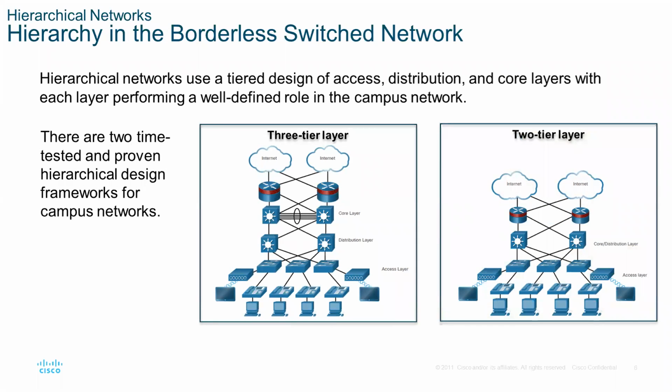So we have 2-tier systems and 3-tier systems, in that we have core, distribution, and access layers.